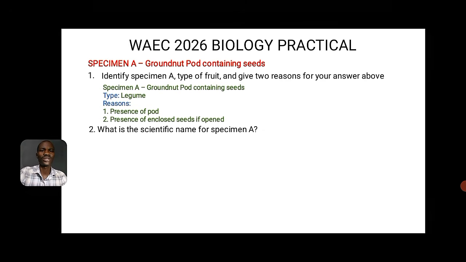Another question that WAEC can ask is, what is the scientific name for specimen A? The scientific name for specimen A is Arachis hypogaea. Some of the mistakes that students make during WAEC is not understanding how to write scientific names.